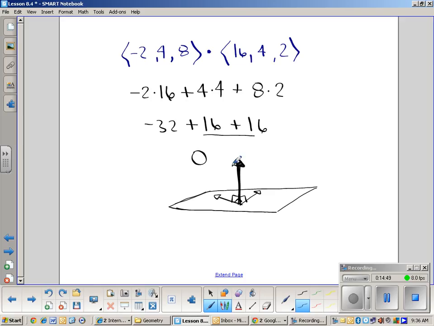If I took the coordinates of these 2 vectors and found the cross product of them, that result gives me this vector that's perpendicular to each of those 2.